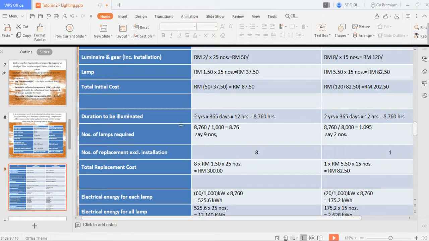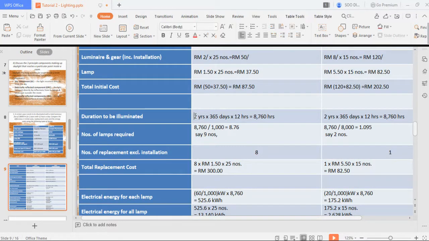So the second part is you need to find the total replacement cost, because the question is telling you to compare between lamp A and lamp B for you to make a decision. It's given a scenario that you need to choose between lamp A and lamp B. You're given 2 years and the area to be lit up for 12 hours a day.